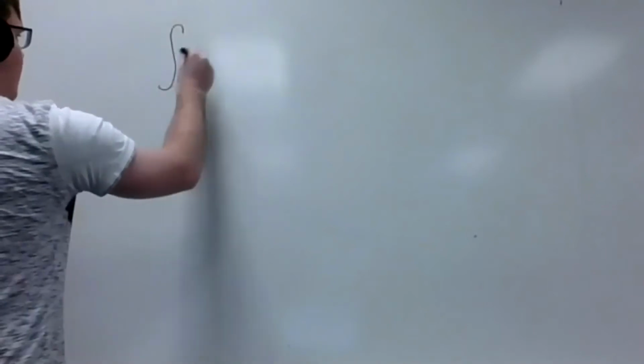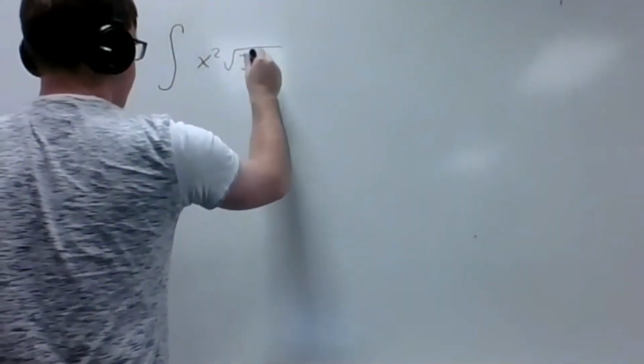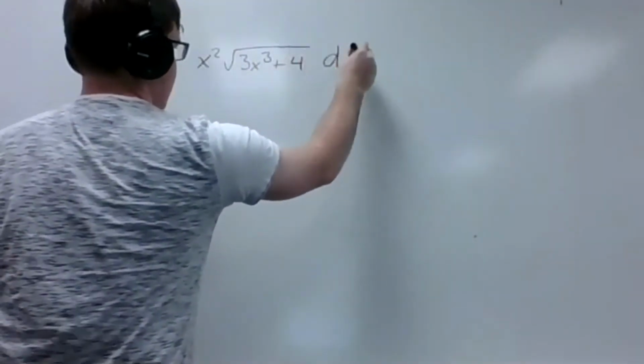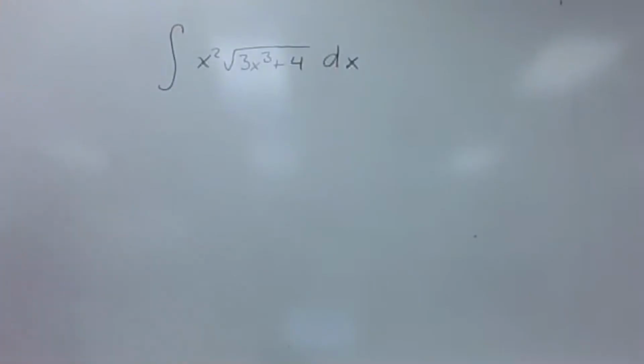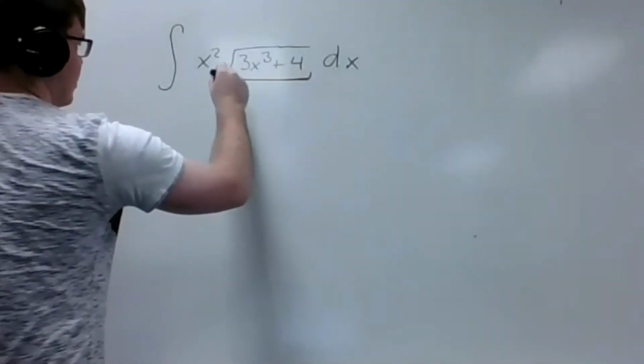Yeah. I guess the next one to cover would be u substitution on an integral. This is a u substitution problem, and one pretty easy way to identify a u substitution is if we have some sort of function to a power.